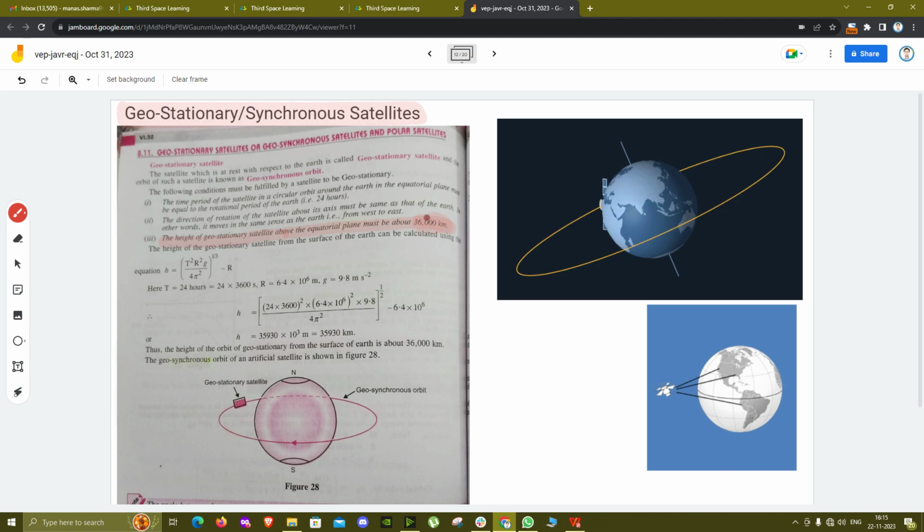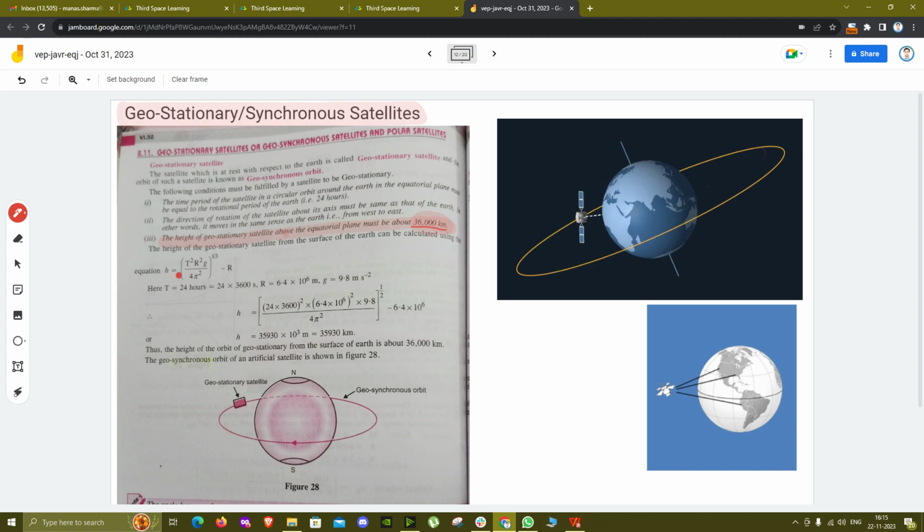This is the height that we have found out that will be important for the satellite to be launched such that it will behave like a geostationary satellite. This is the minimum height required. It's a very large distance actually. So geostationary satellites are actually about 36,000 kilometers away from the surface.